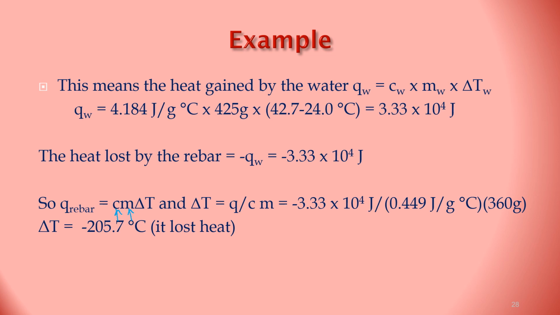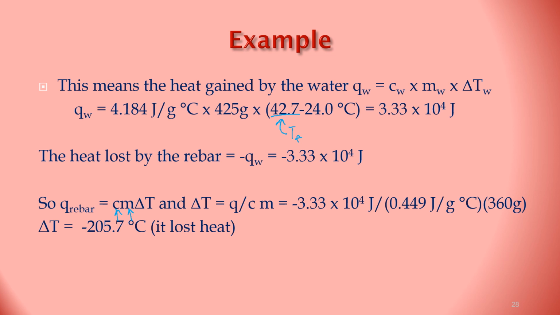Now, the question said, what is the initial temperature? So we don't want delta T, we want to know what was the temperature before we put it in the water. Well, keep in mind that the final temperature is the same, because that's when the water rose up to 42.7 and the rebar came down to 42.7.